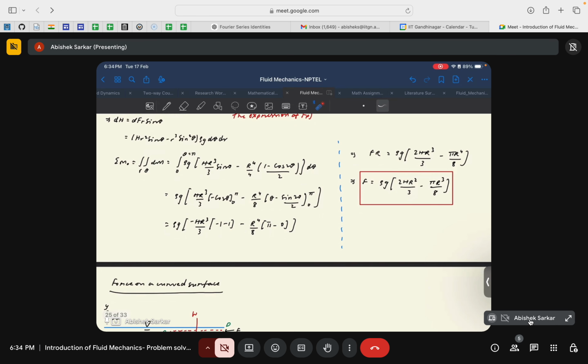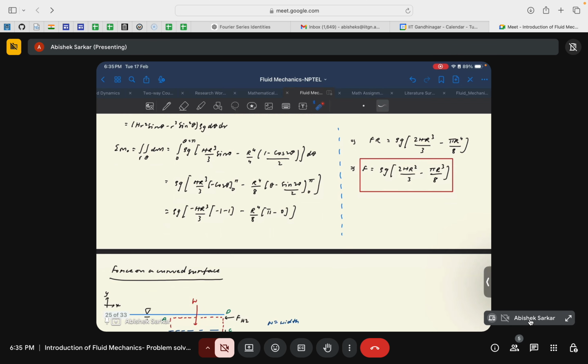So h r cube by 3, integration of sine theta would be minus cos theta, limits from 0 to pi, then minus r to the 4 by 8, the 2 will go here, so we will have integration of 1 minus cos 2 theta with respect to theta, which would be theta minus sine 2 theta by 2, because integration of cos 2 theta would be sine 2 theta by 2.